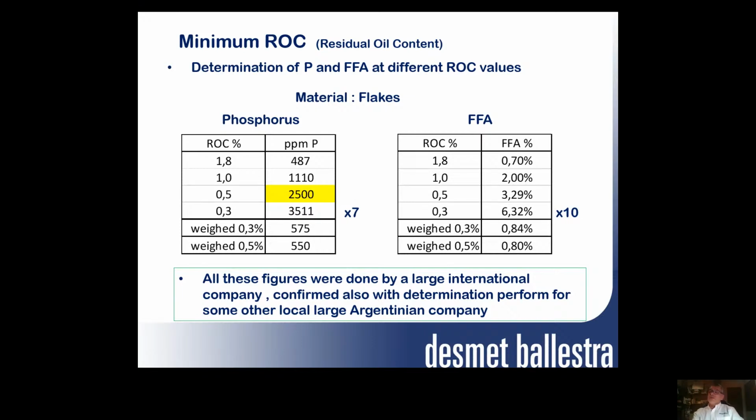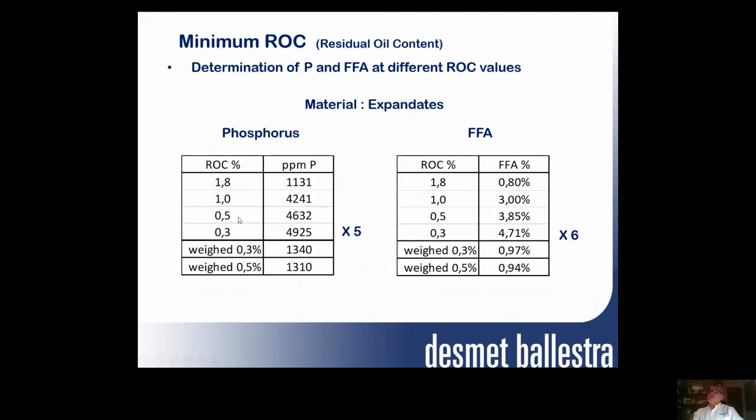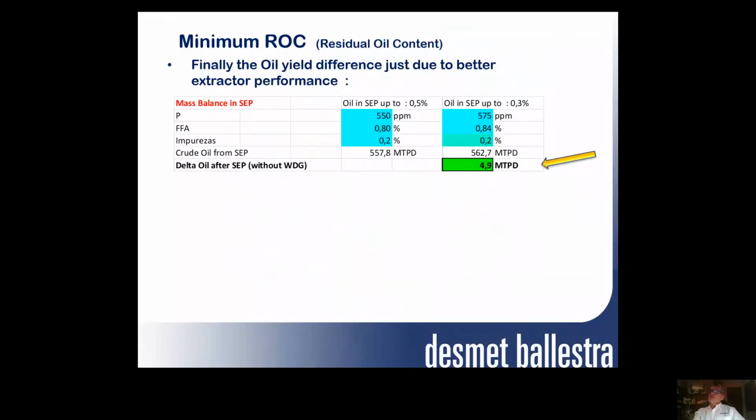A similar situation occurs with expandate, when the same work was done with expandate, where we have all these different levels of phosphorus and free fatty acid. The difference is much smaller, between a bad extraction and a very good extraction. But I use the flakes, which is the most widespread worldwide.